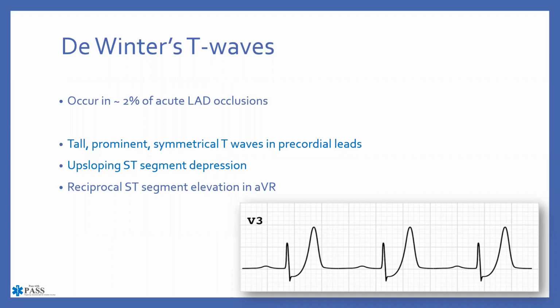So is your ST segment actually heading down? And that tells us that our limb leads are on correctly. So if you happen to look in AVR and all of a sudden you see that you have some ST segment elevation, that should be a huge clinical clue to you that there may be something going on, and it's probably related to a De Winter's T wave.